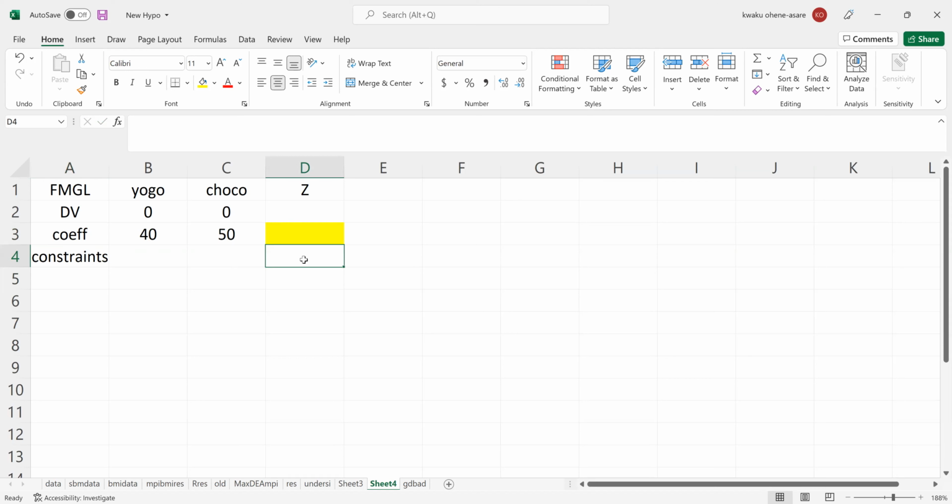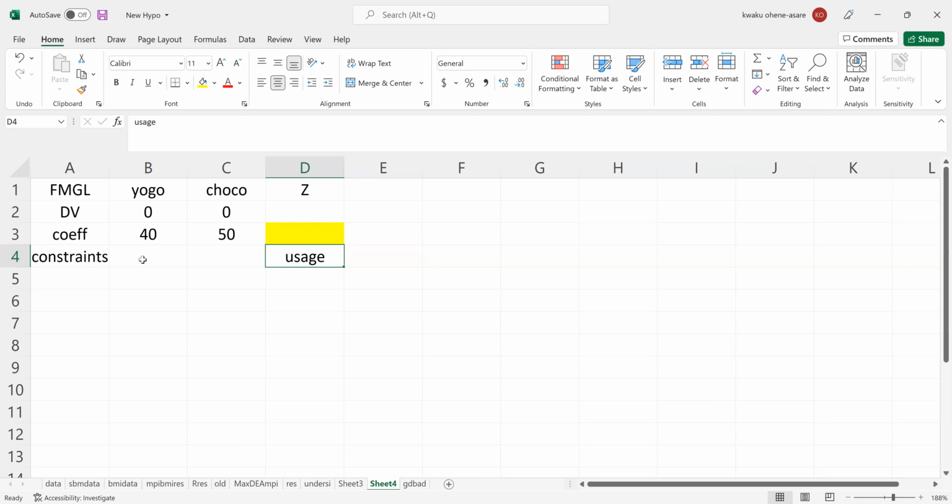The left-hand side of the constraint should be directly written below the Z, and this should be called the usage. So the left-hand side of the constraint should be in the column for D, which is the same column where the profit was. So that should be usage.